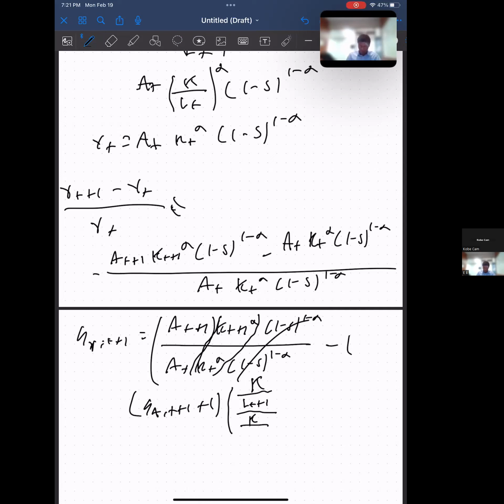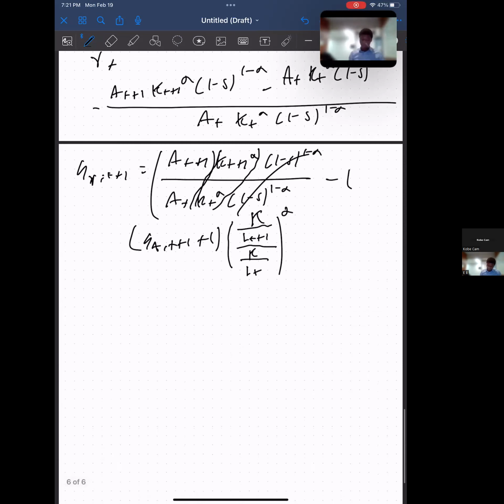So this is L_T. My apologies, this is labor at time T, and this is labor at time T plus 1. So this is being raised to the A.